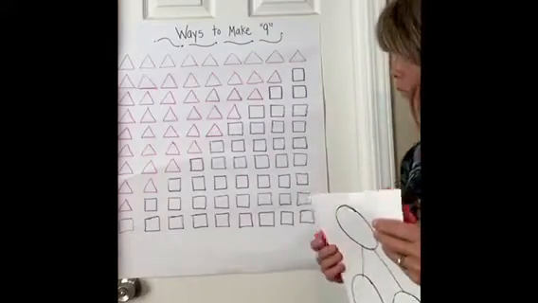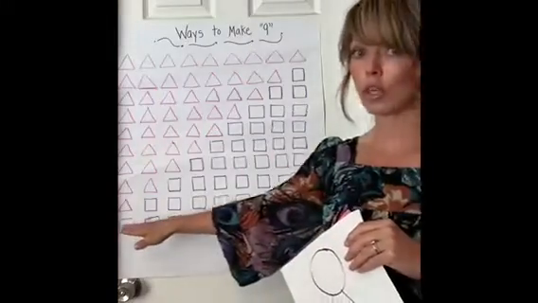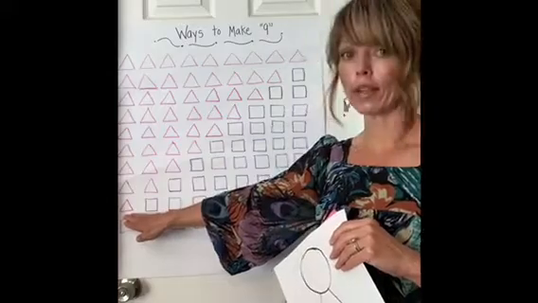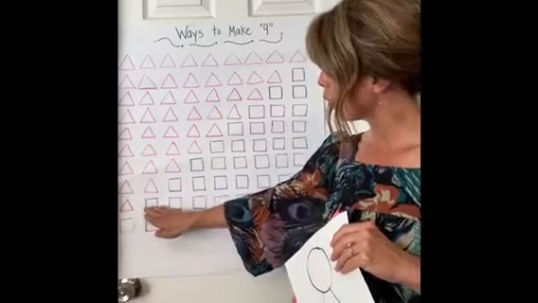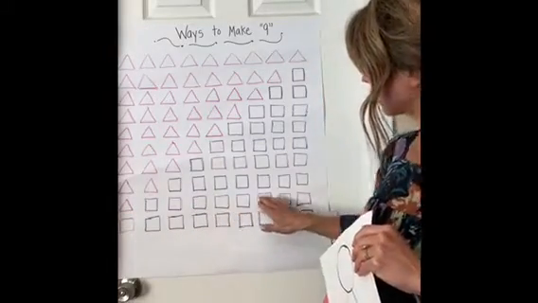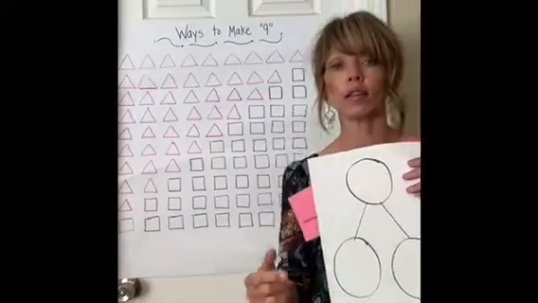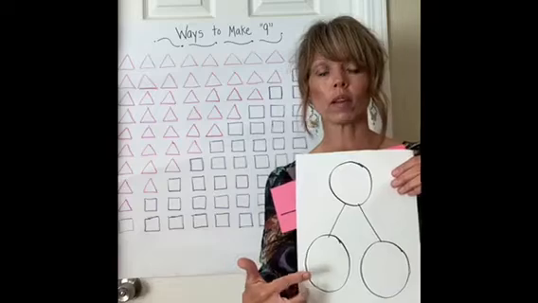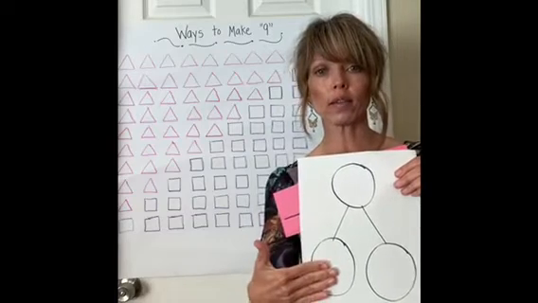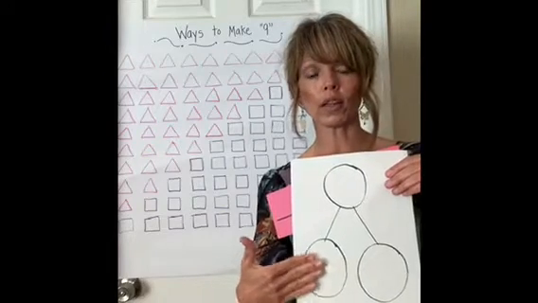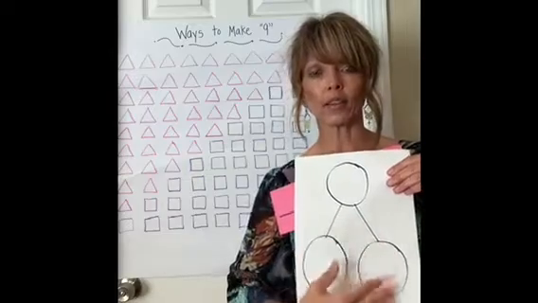All right, moving down to our next picture. Now we have 1 triangle and 1, 2, 3, 4, 5, 6, 7, 8 squares. So on our number bond, we would have 1 here, 8 here.